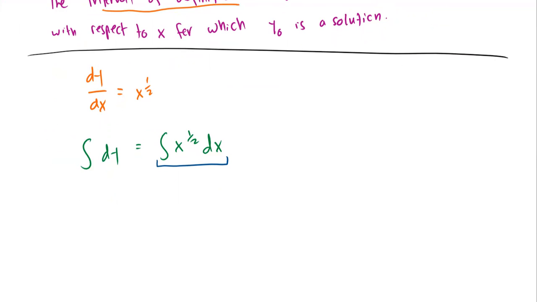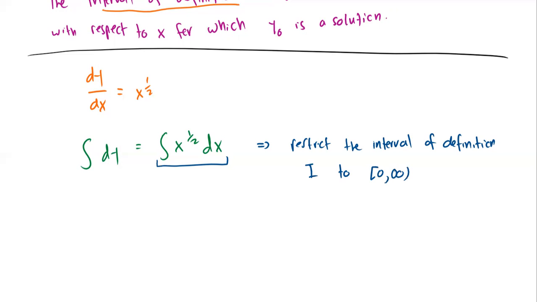So the fact that we're trying to integrate x to the 1/2 to find a solution already tells you that you have to restrict your interval of definition, which I'm just going to call I, to 0 to infinity. Again, because we need our function to be continuous for us to actually integrate it, and x to the 1/2 is only continuous on the interval 0 to infinity.